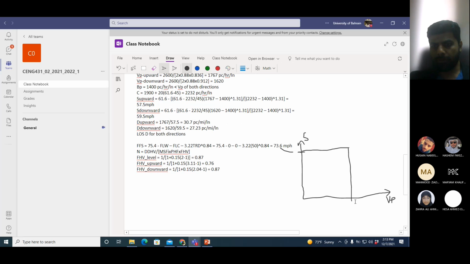So for plotting this point, I needed the free flow speed, which I just calculated, and I need a breakpoint. So the equation of breakpoint is given.